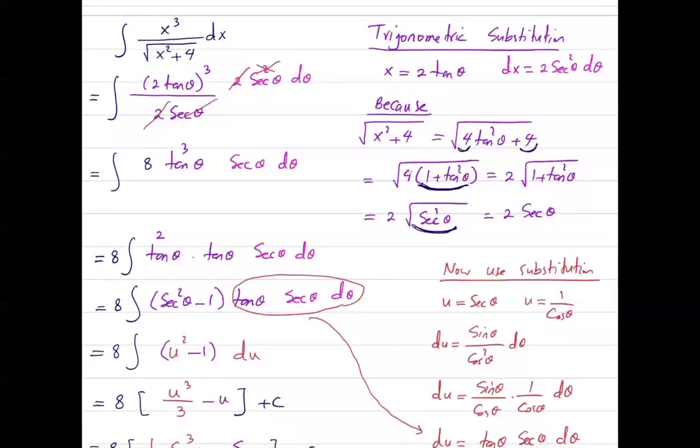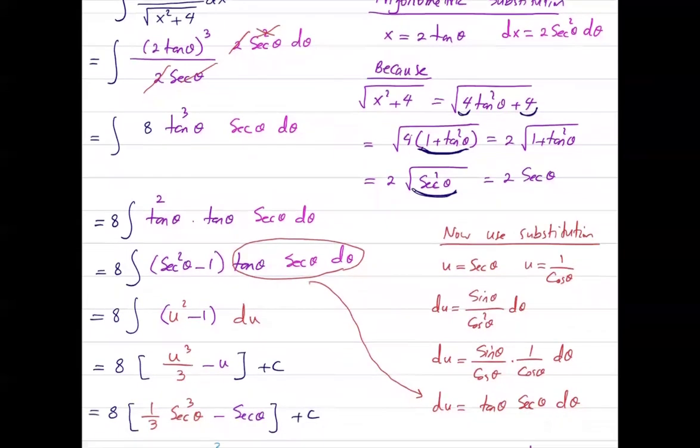Since you have tangent and secant, and you remember that the derivative of secant is tangent secant, it's easier to break tangent to the third as tangent squared times tangent. Then you end up with tangent theta times secant theta d theta, which is your du.